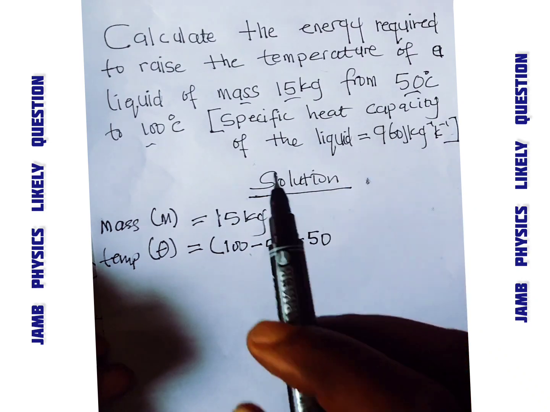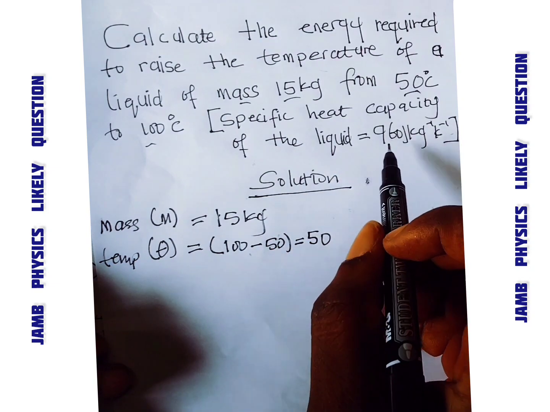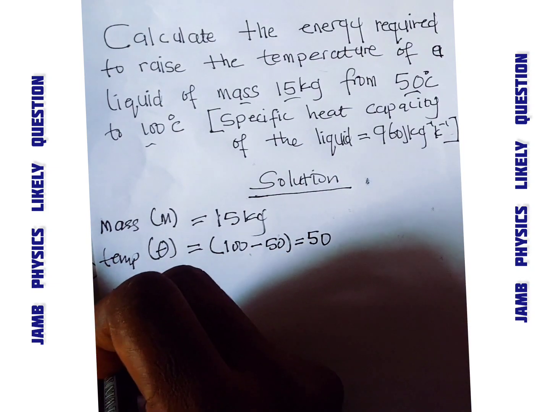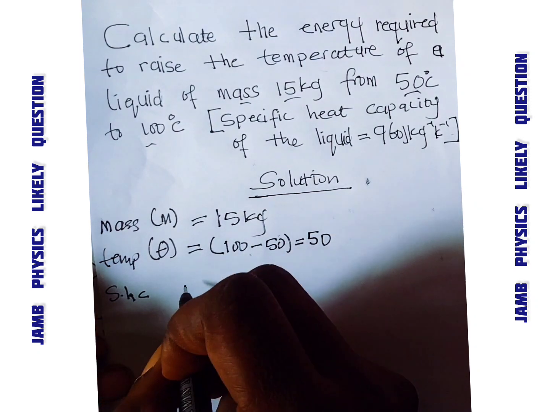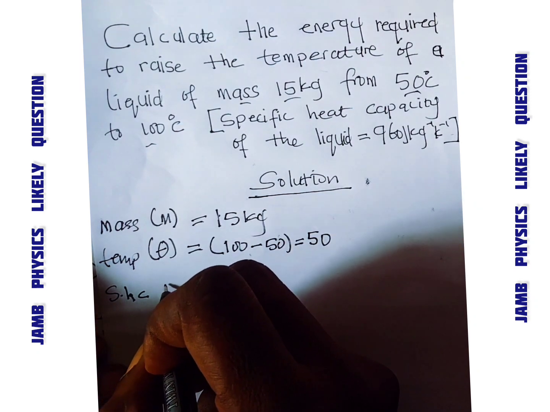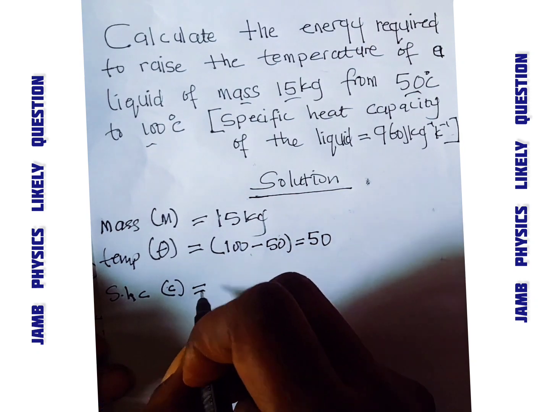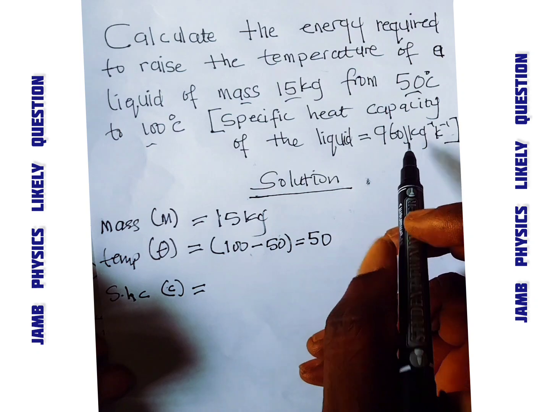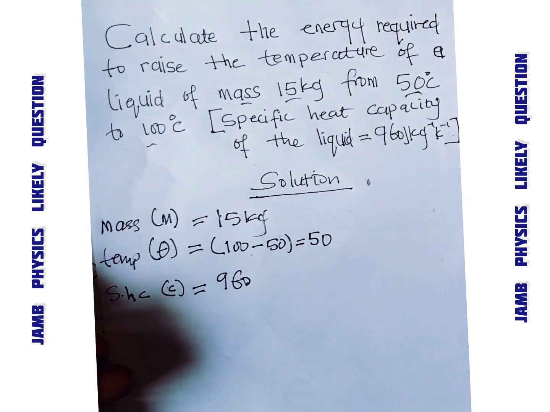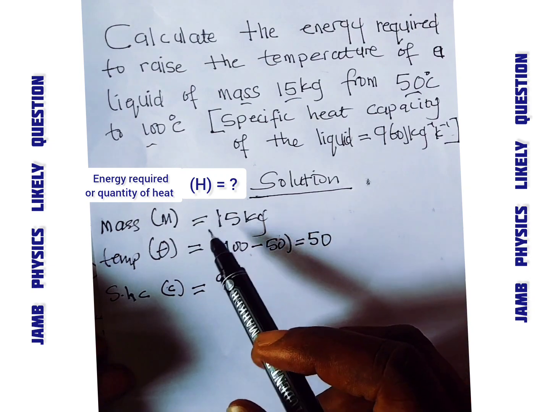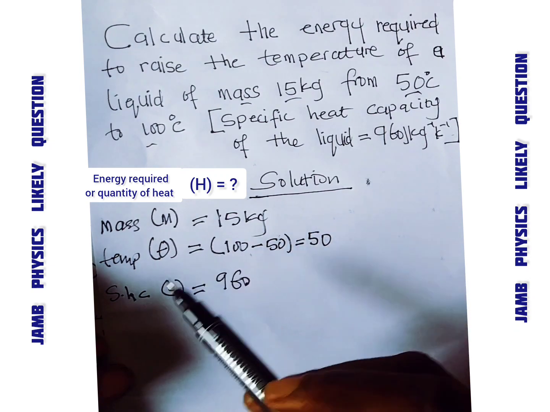Nothing except the specific heat capacity of the liquid, which is 960. So I write it out. Specific heat capacity, which is represented by small c, is 960. Okay, now having written out the data, we can easily know the formula to apply.